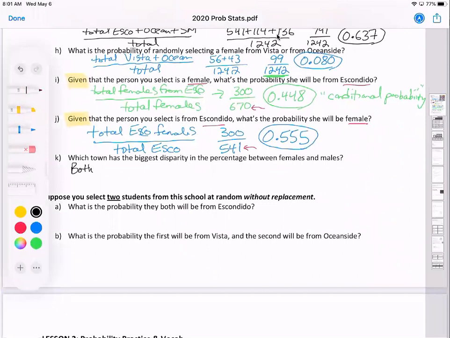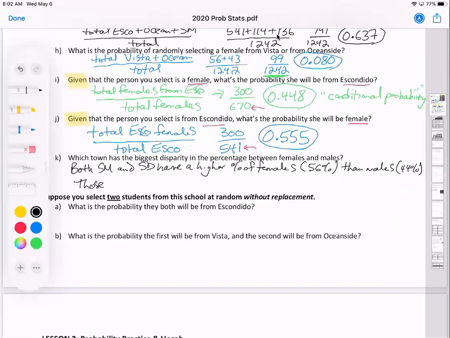Both San Marcos and San Diego have a higher percentage of females, which was 56%, than males, which was 44%. Those towns have the biggest difference.